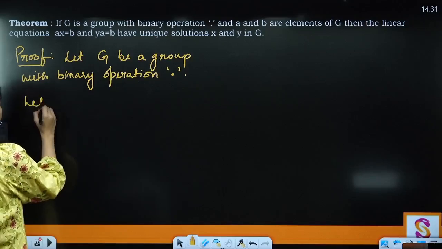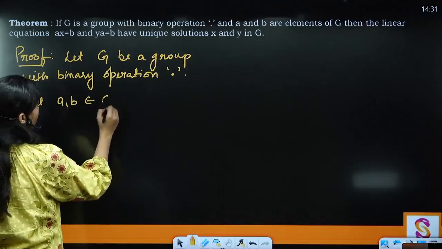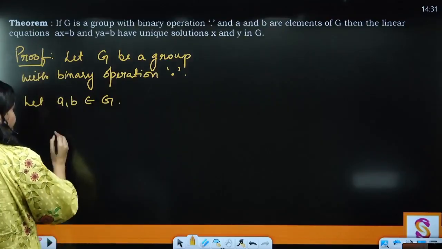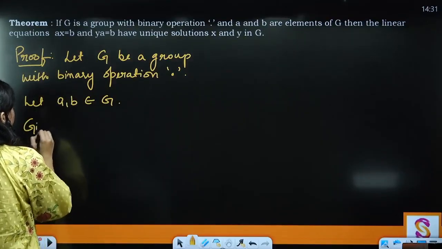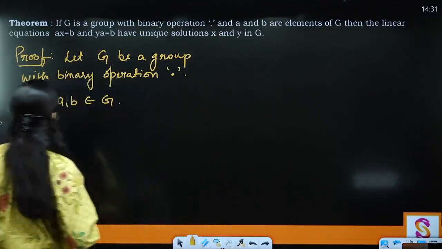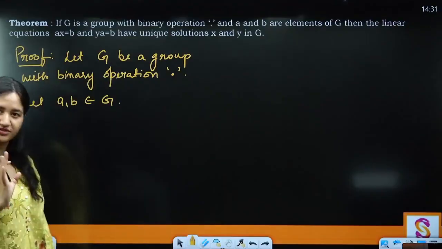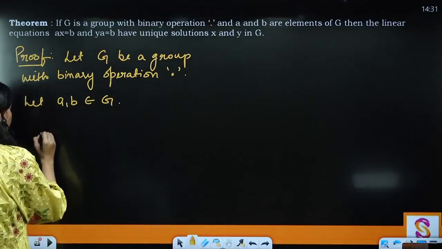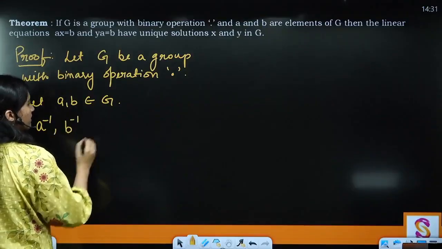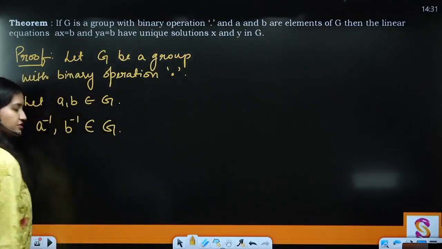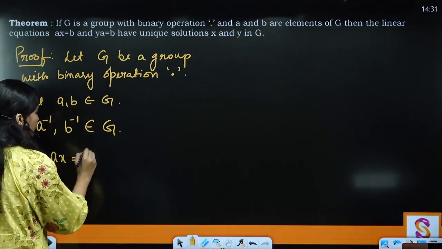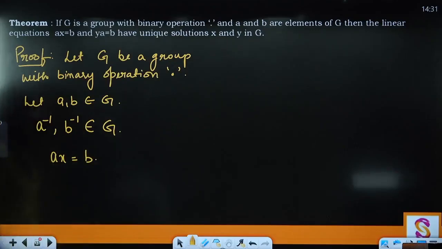Now let a and b belong to the group G, right? Now first we'll take given, before that. Now since a and b are elements of G, that means a inverse and b inverse are both going to belong to G. Clear?